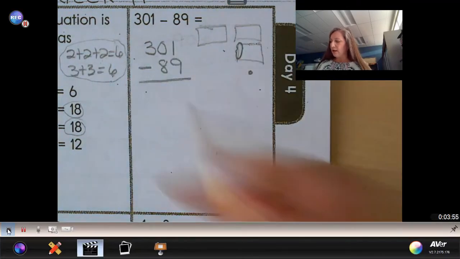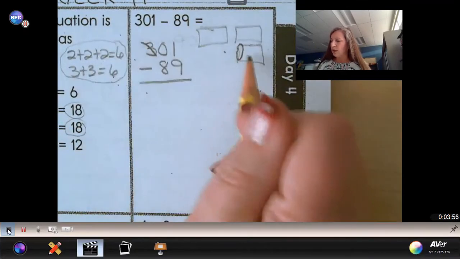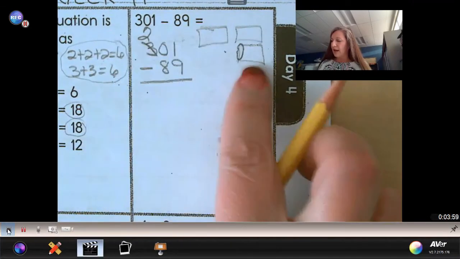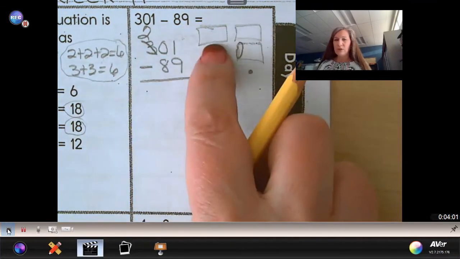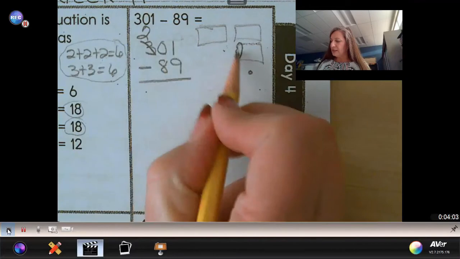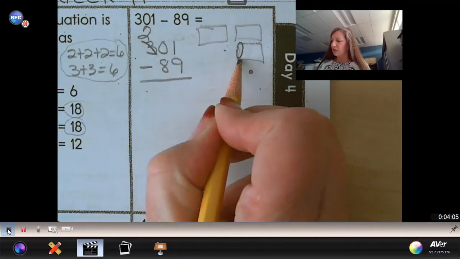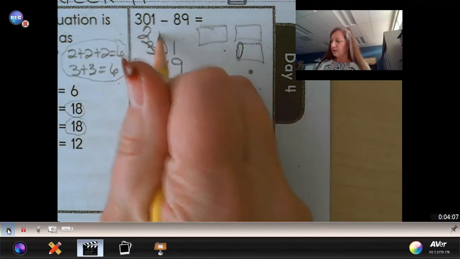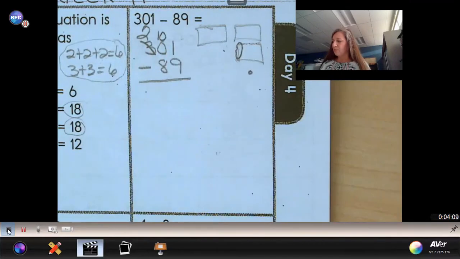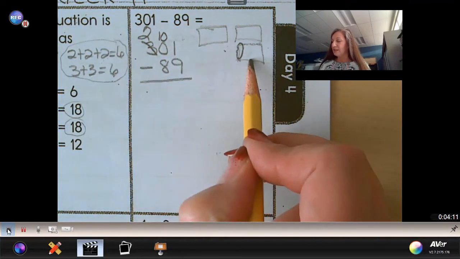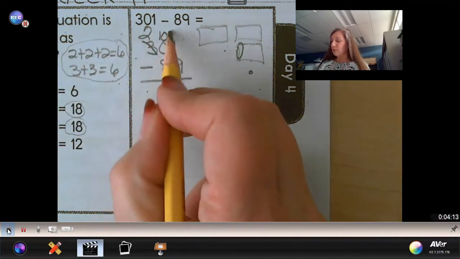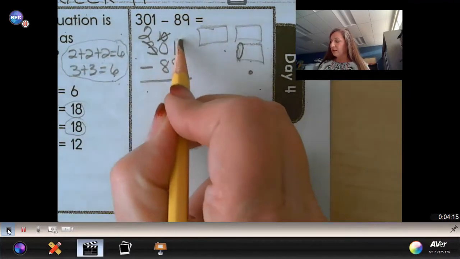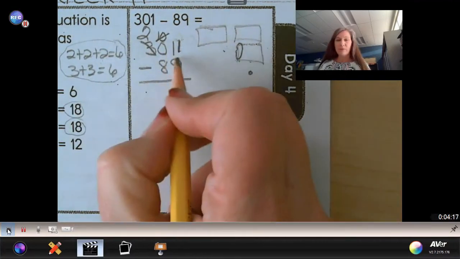But to do that, that means I have to regroup that 100, which leaves me with 2 hundreds, and I'm going to take this 10 out of this other 100, and that's going to give me 10 tens here.